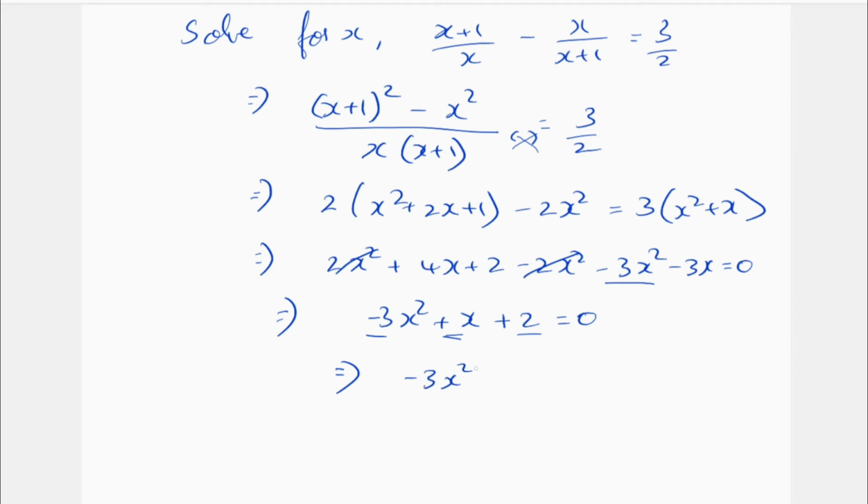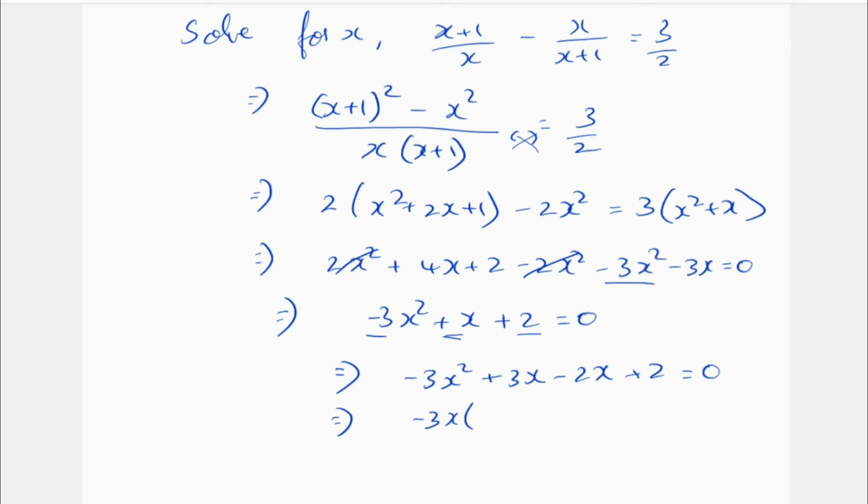So minus 3x square plus 3x minus 2x plus 2 equals 0. This is the way we have factorized it.